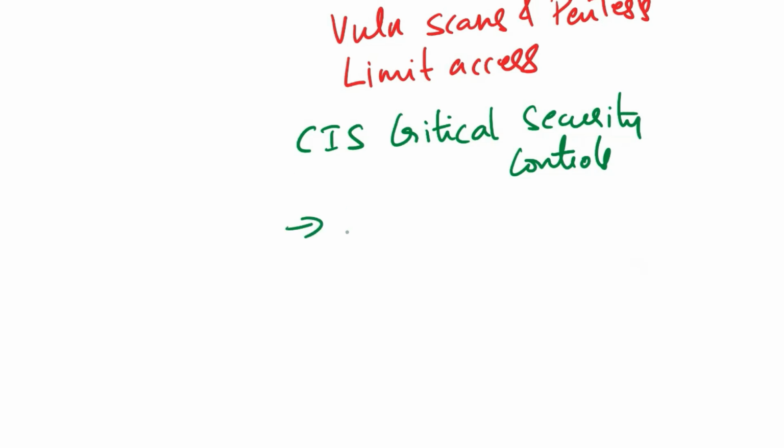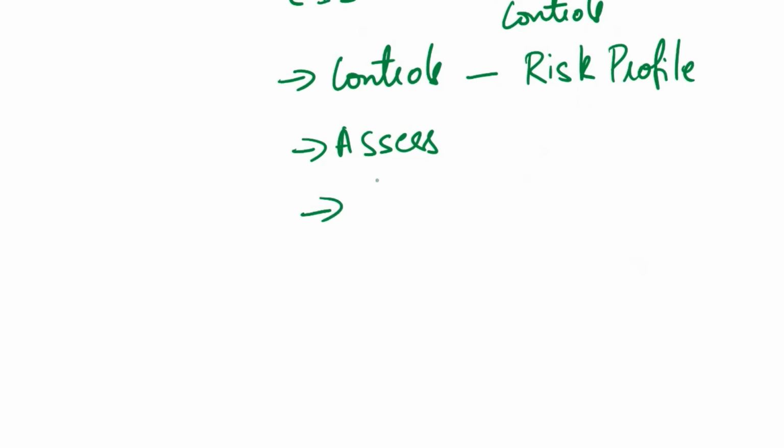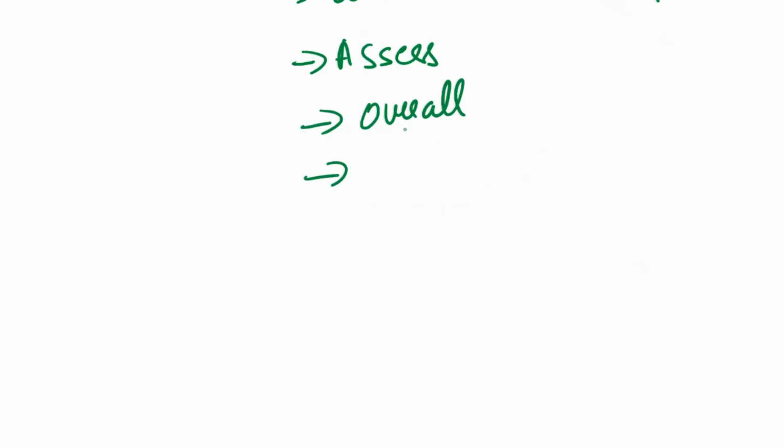First, prioritize and implement controls based on the organization's risk profile. Regularly assess the effectiveness of implemented controls through audits and evaluations. Next, integrate the controls into the organization's overall cybersecurity strategy. Next, periodically review and update controls based on emerging threats and vulnerabilities.